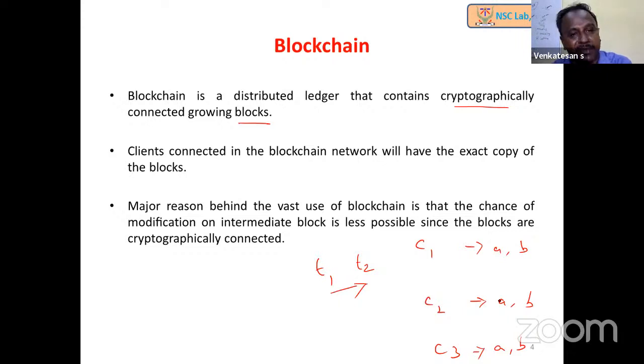That happens because it is a distributed network, and the nodes have to forward the messages, so there will be a little delay in getting those messages.